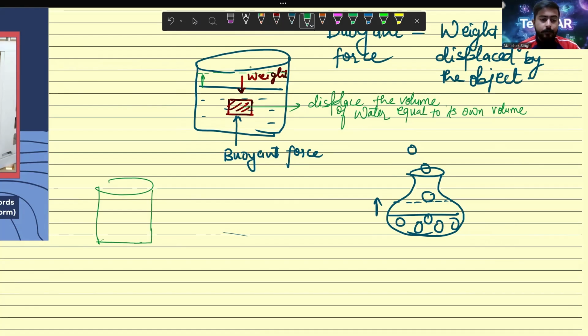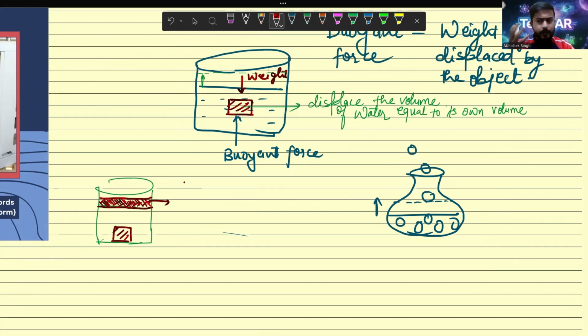If there is a glass of water and I immerse an object of some volume, it will definitely increase the level of water. So how much water has been displaced? The water level that has been raised, this water has been displaced. Whatever volume of water this is must have some mass.